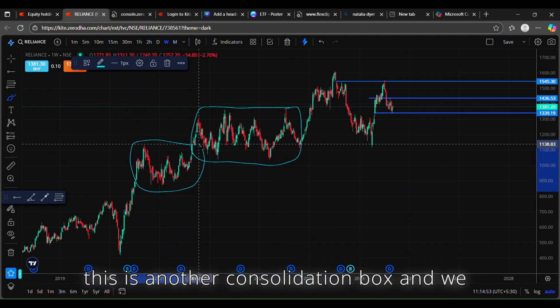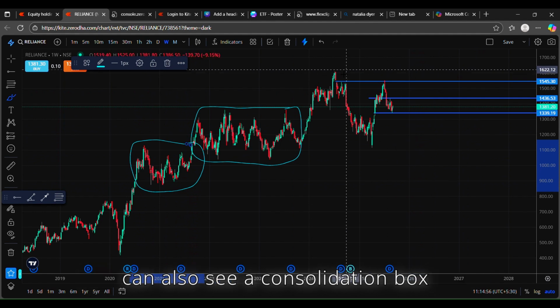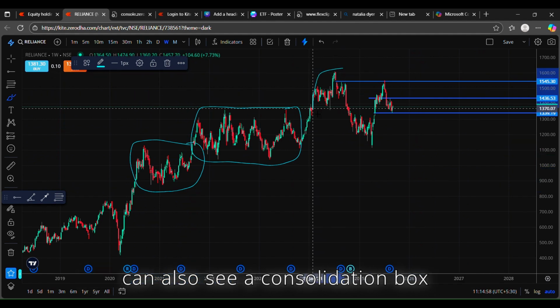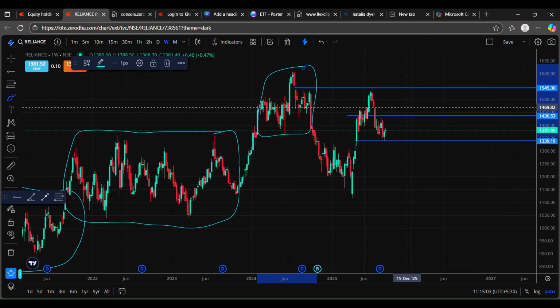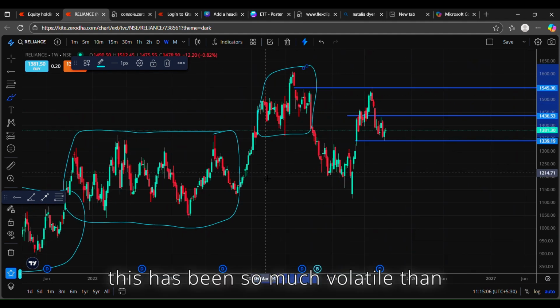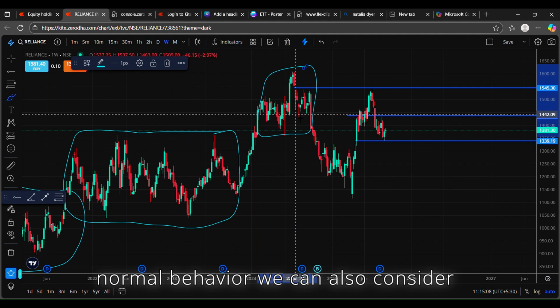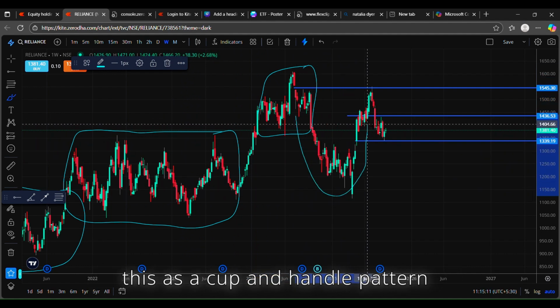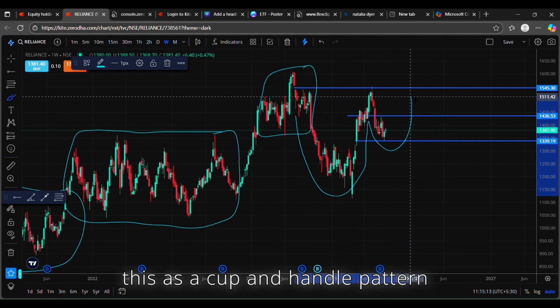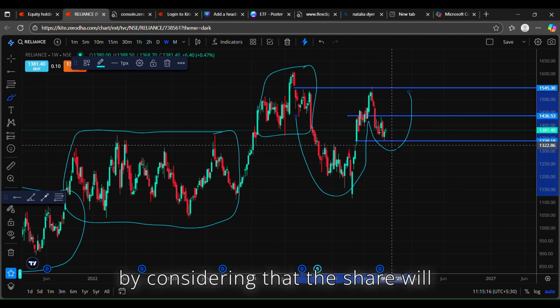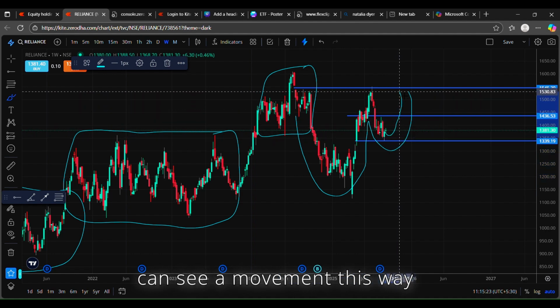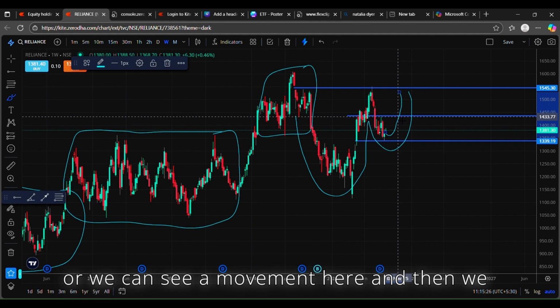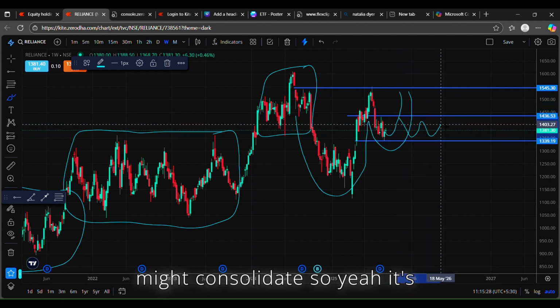Now this is another consolidation box, and we can also see a consolidation box here, but because this has been so much more volatile than normal behavior, we can also consider this as a cup and handle pattern. By considering that the share will not go below this point, we can see a movement this way, or we can see a movement here, and then we might consolidate.